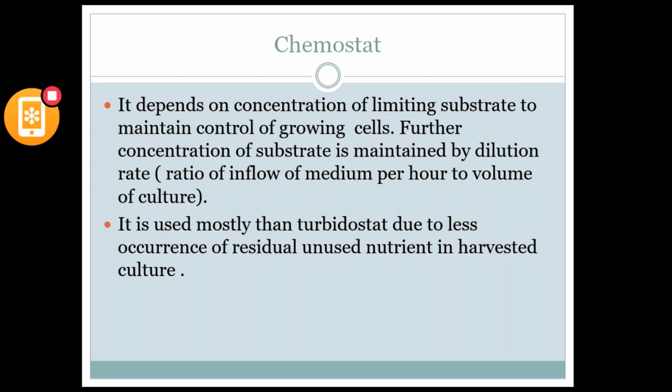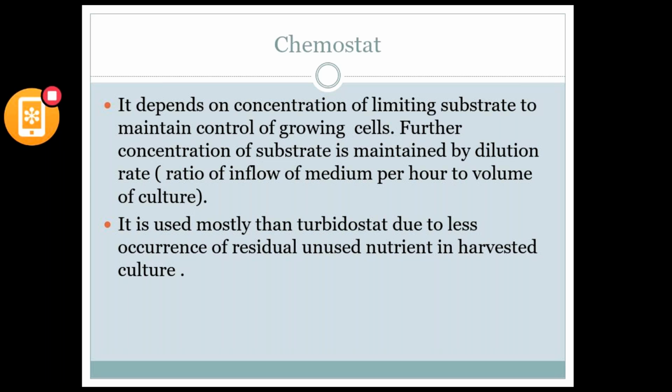And this is mostly used rather than the turbidostat, because I have told you that the older medium is removed continuously. So this older medium is generally referred to as residual nutrient medium. Here the unused medium, that means the older medium, when removed, will be obtained in less amount.